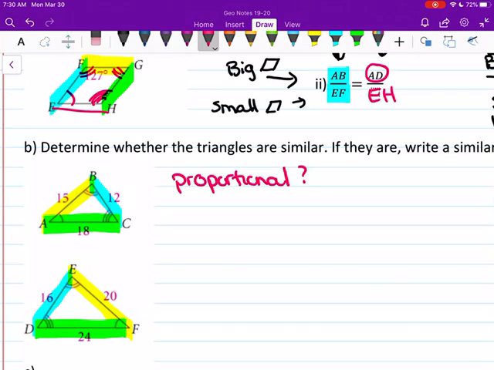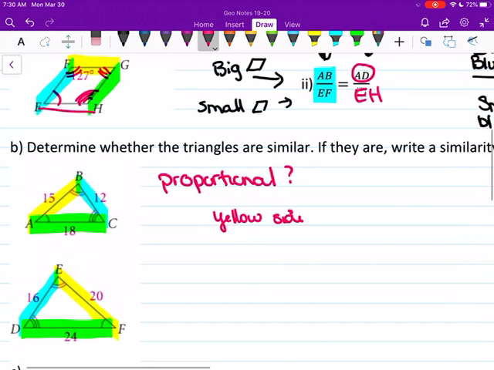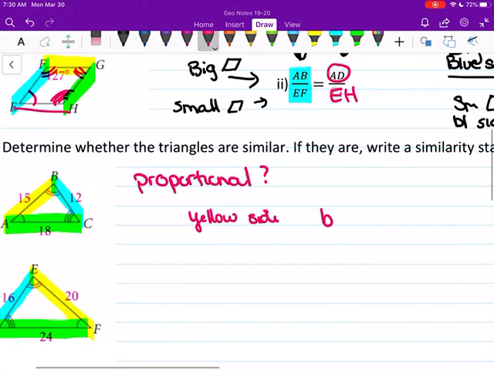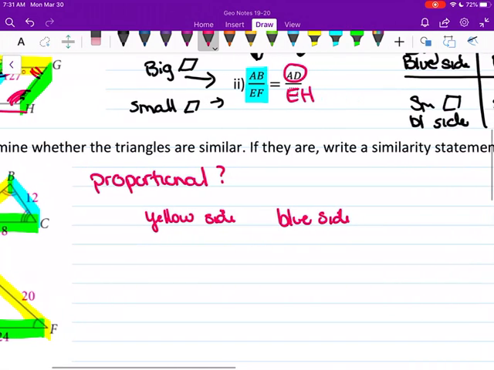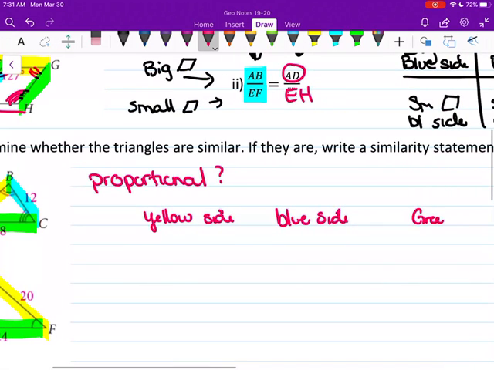So let's see here. Let's do the yellow sides, and let's list our sides. Yellow side, blue side, and lastly we had green side.